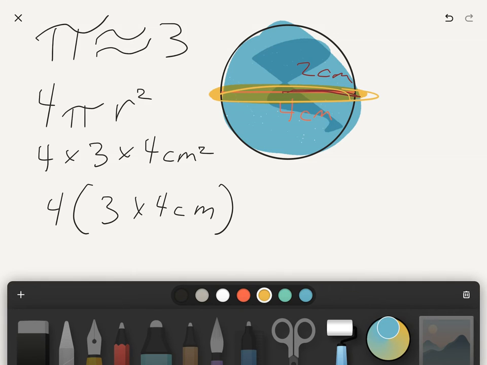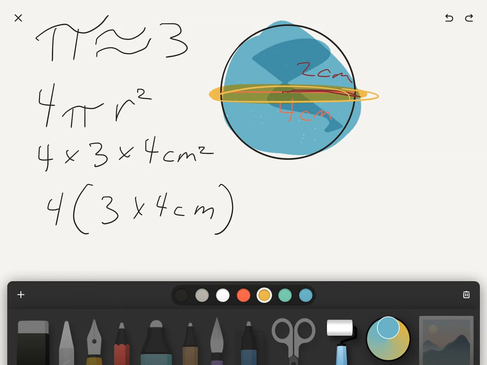So we can get the surface area of this because we know the diameter and we know the radius. So we know it's the radius squared times pi, which we're just saying is 3 here. So you can think of it as 3 times the 4 squared, or 4 squares.